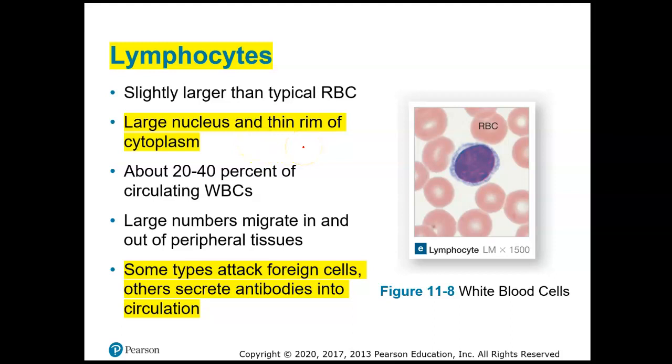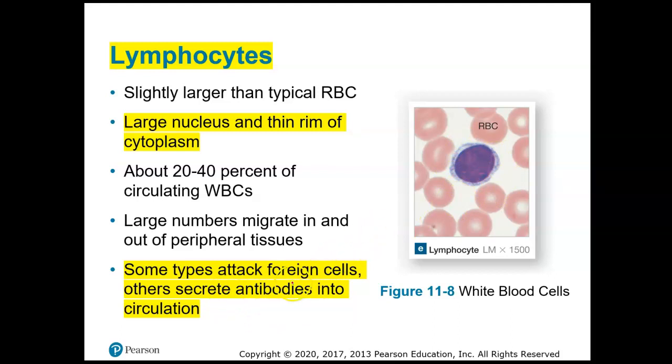Then we have the last white blood cell, which is the lymphocyte, and the size of the lymphocyte is just a little bit larger than a red blood cell. So they're the smallest of the white blood cells, and the nucleus is almost as big as the lymphocyte. You end up seeing a large nucleus under the microscope and just this thin rim of cytoplasm outside the nucleus.